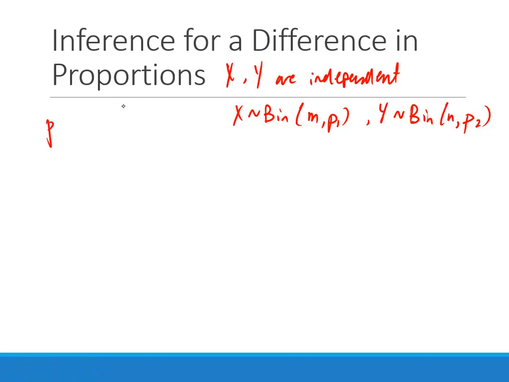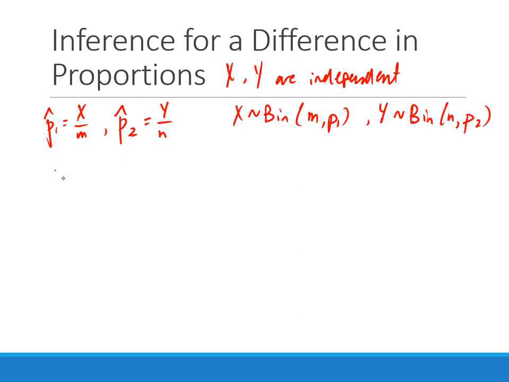We're looking at P hat 1, our sample proportion from the first sample, and P hat 2, the sample proportion from the second sample. Then we want to confirm that we have an unbiased estimate of what we're trying to estimate, and then derive what its variance is.